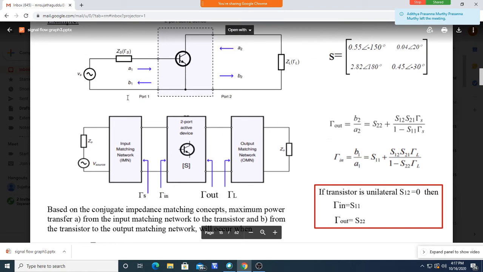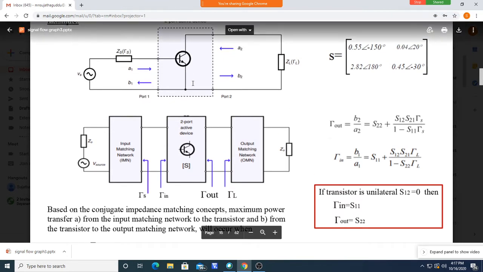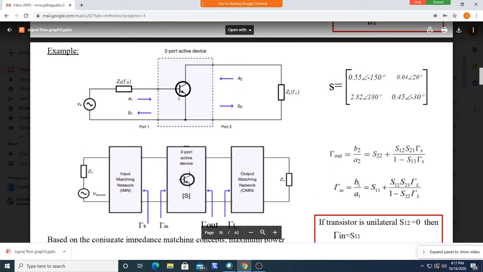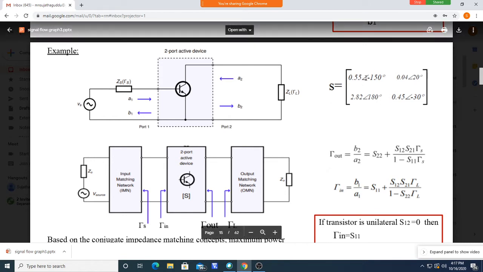Now, reflection coefficient. For a given transistor, this S matrix is fixed at a given frequency, for example 1 gigahertz. Based on these values and the load ZL, tau in and tau out are fixed here.